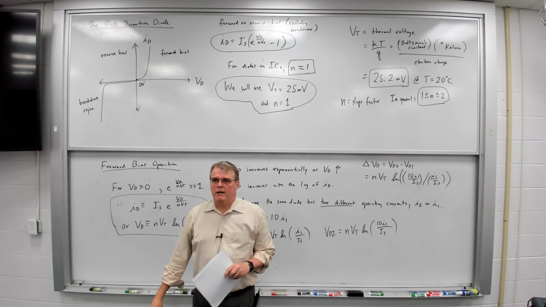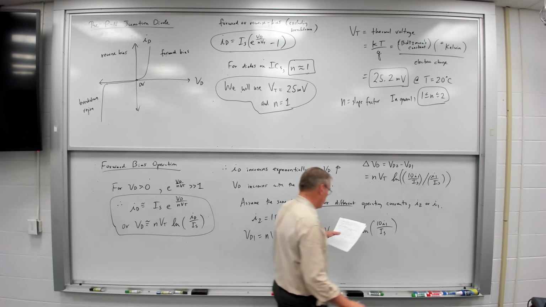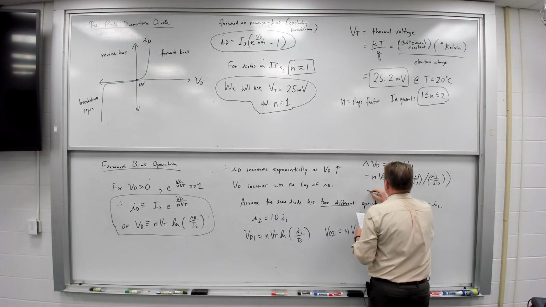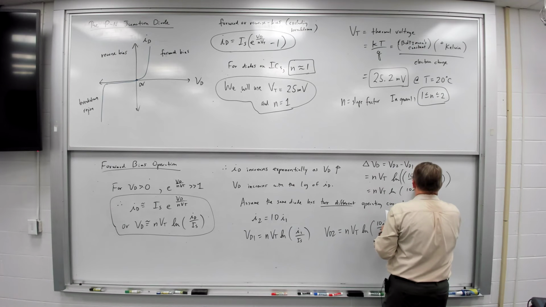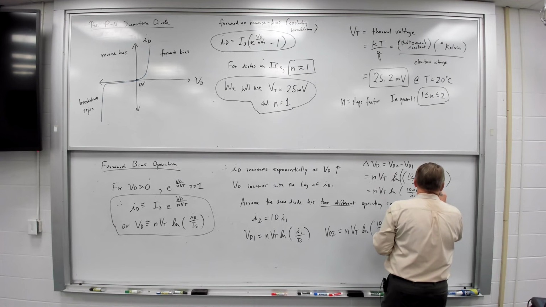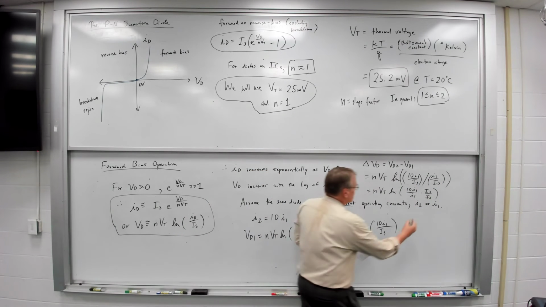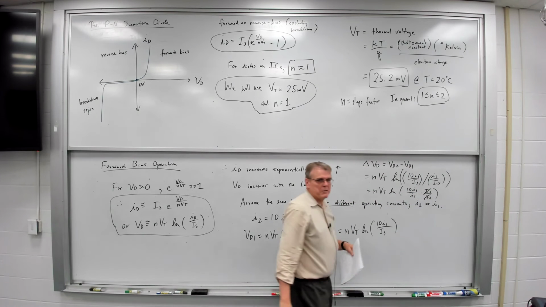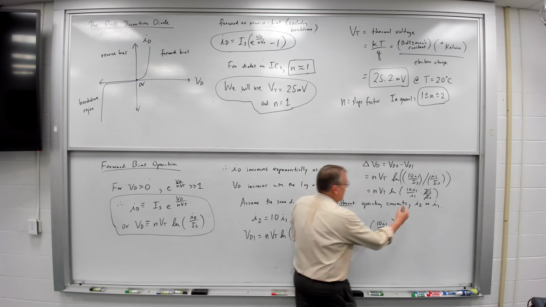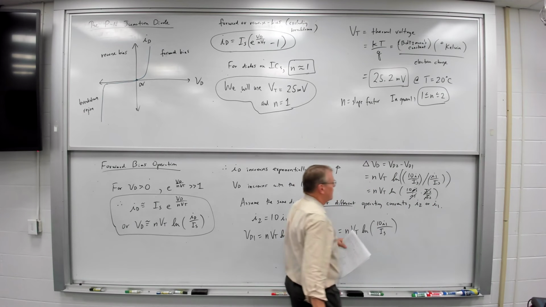And if I rewrite these, this will be equal to N times Vt times the natural log of 10I1 over I1 times Is over Is. In this case, the Is terms cancel, and the I1 terms cancel.